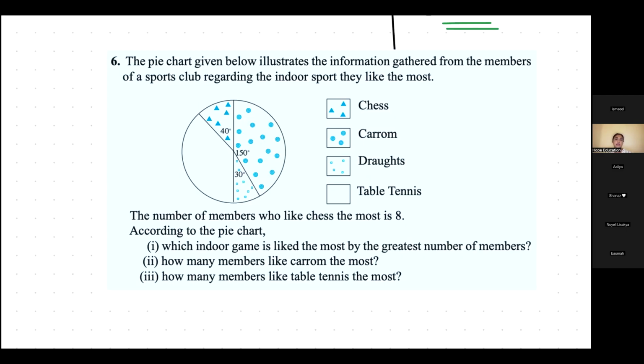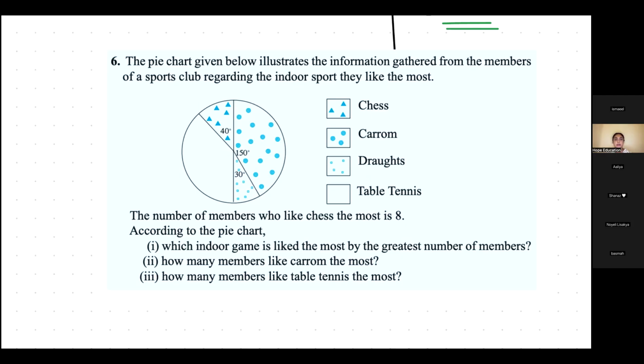Okay, what is the answer for that? Carom. Can you all tell me the angle for table tennis?